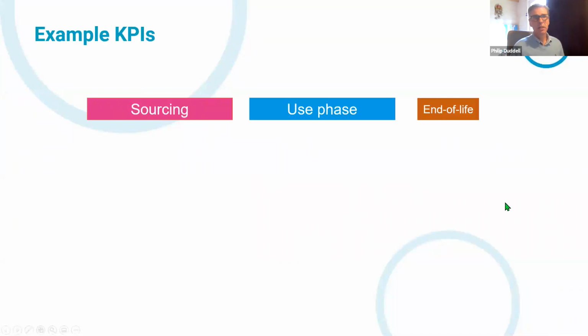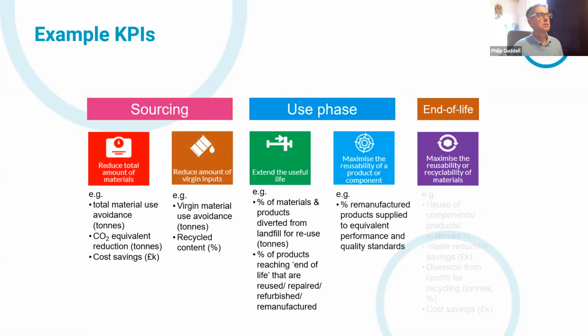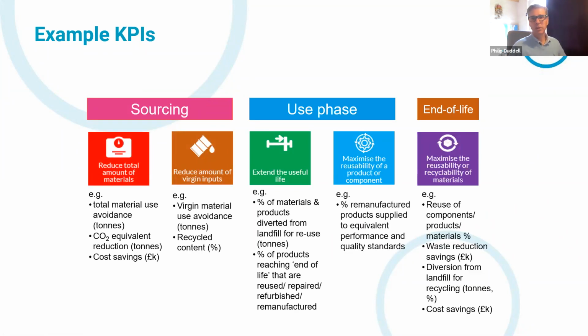So in terms of KPIs, I'll just put these all up, I think. Some examples. So from a sourcing perspective, if the objective is to try and reduce the total amount of materials being used, there may be KPIs about the material use. If that's, for example, a construction project, has material use being avoided, and what is that in terms of carbon dioxide reduction, and potentially also in cost savings.